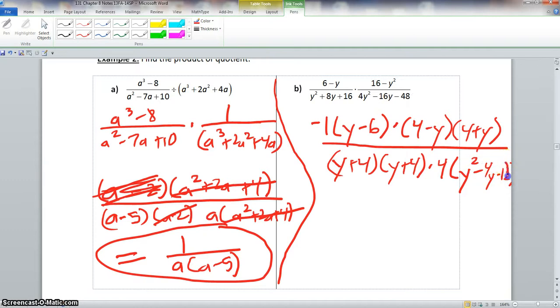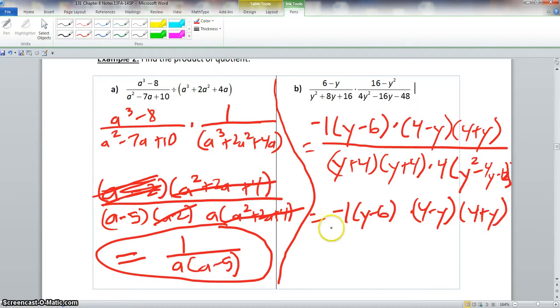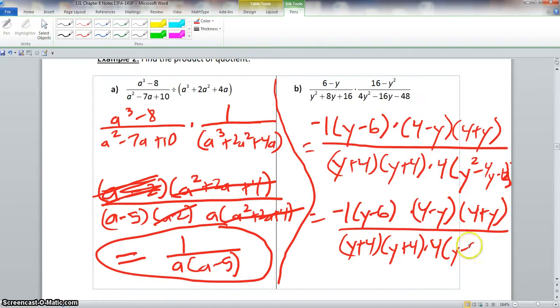Before we start simplifying anything out, we need to factor this parenthesis here. So let's rewrite what we had. And this parenthesis here factors out to (y minus 6)(y plus 2), and y plus 2.